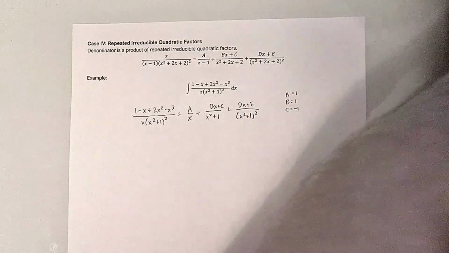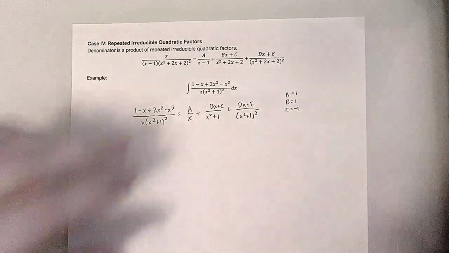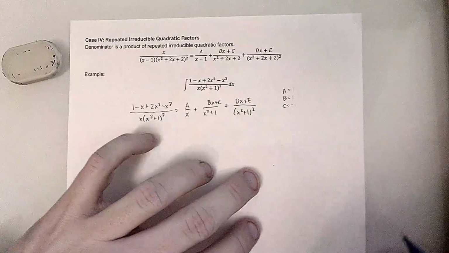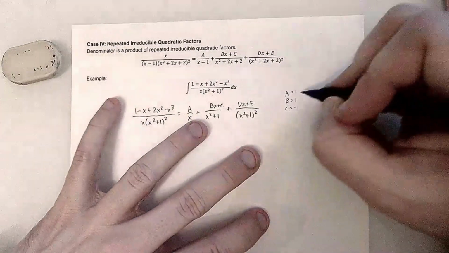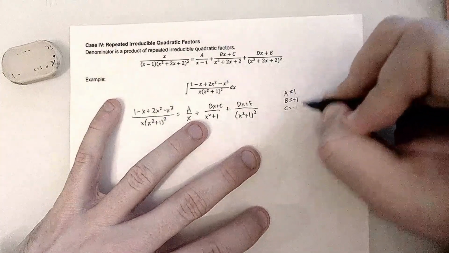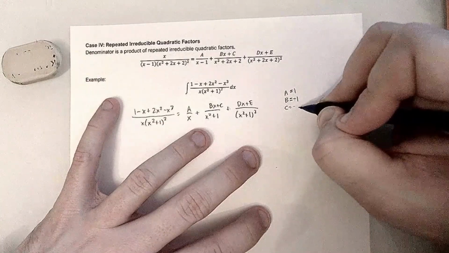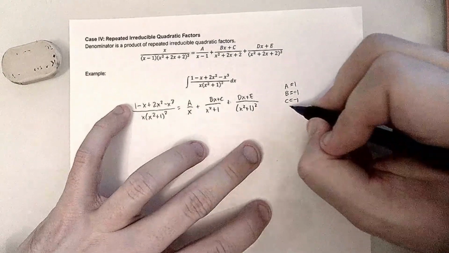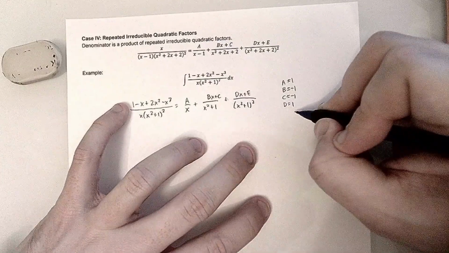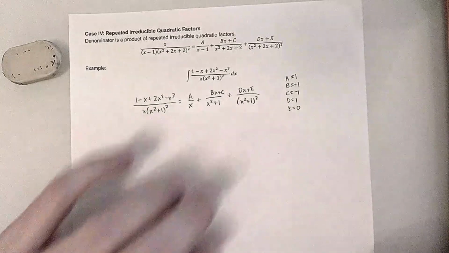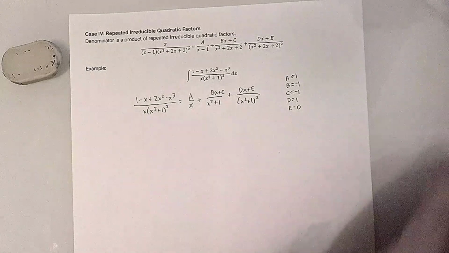Let me grab my eraser. All right, let's try that again. A is equal to 1. B is equal to -1. C is equal to -1. D is equal to 1. And E, we get lucky. That's a 0.